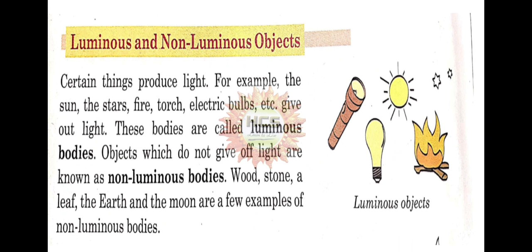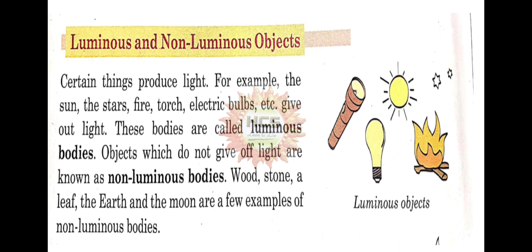First of all, we will start from the luminous and non-luminous objects. First of all, luminous objects. Do you know what luminous objects are? There are some things which produce light, for example, sun, stars, fire, torch, electric bulbs, and many others.